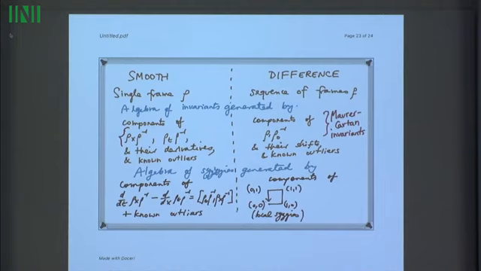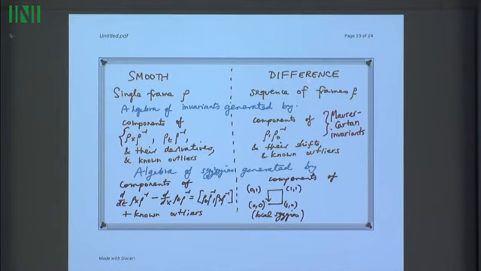In the smooth case, I only need a single frame. The algebra of invariants is generated by components of the curvature matrices and some known outliers. And the algebra of syzygies is generated by the components of my zero curvature condition and known outliers. On the other hand, for the difference case, I have a sequence of frames.